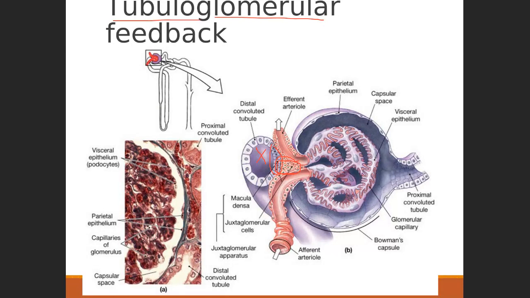If blood pressure is too low, limiting our filtration rate, tubuloglomerular feedback and its mechanisms will raise blood pressure, countering the initial problem.